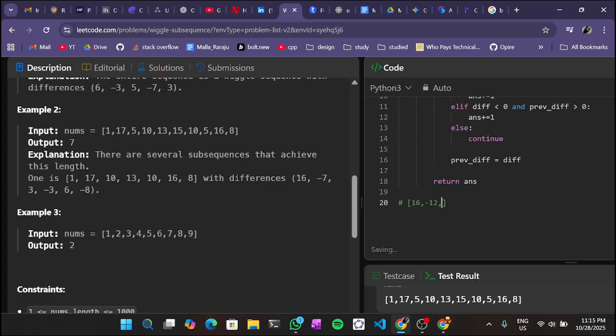And 10 minus 5 will be, wait a minute, 5 minus, why did he avoid 5?